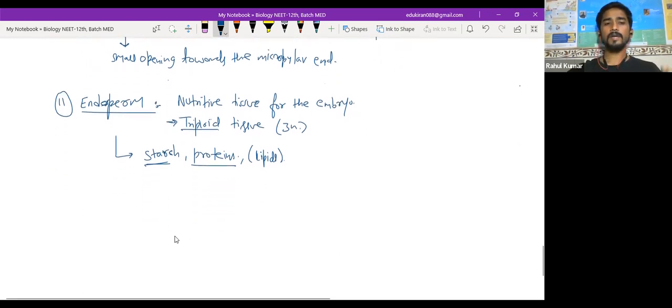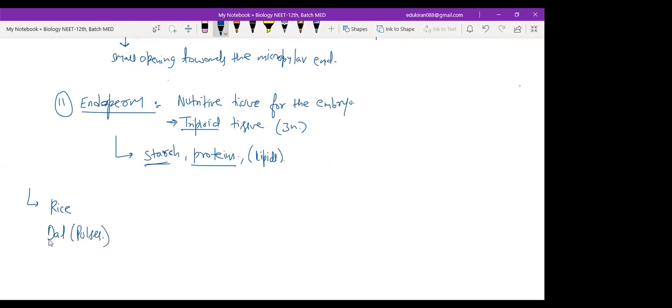Another interesting thing about endosperm is about all the seeds. Let me ask you this question like this because it was asked in boards. It is a board question. So rice and let's say dal. You know what is dal? Pulses. Everyone understands dal? What is rice a very good source of?